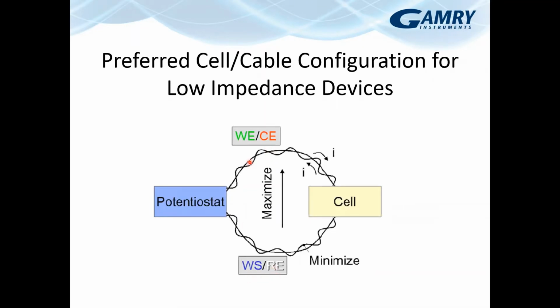You use twisted pairs. By twisting them, the electromagnetic field cancels out and minimizes the amount of pickup. And you separate the force leads from the sense leads as much as possible. This minimizes the mutual inductance within the cell.